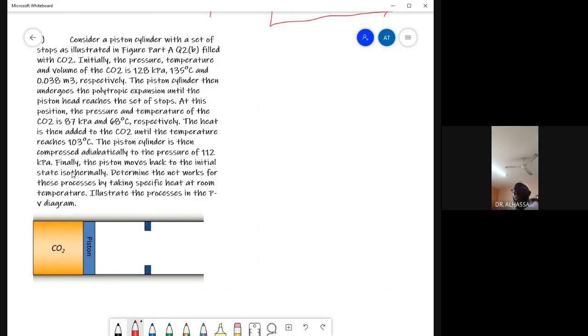We have a piston cylinder device which contains carbon dioxide.